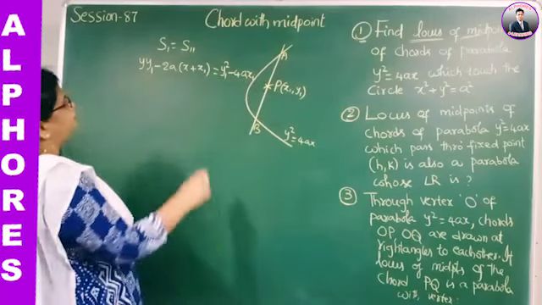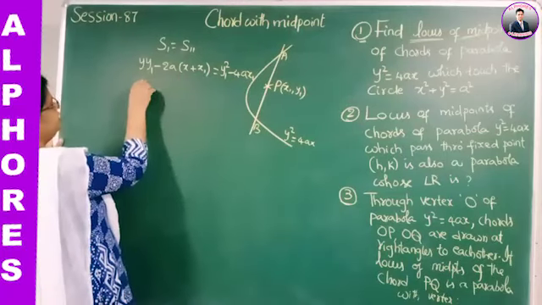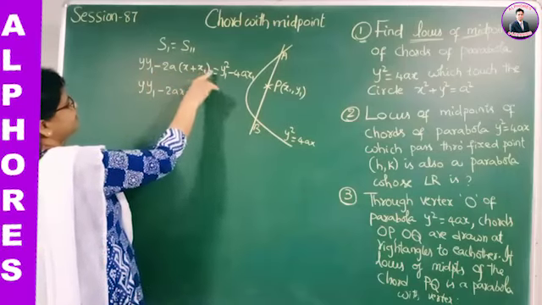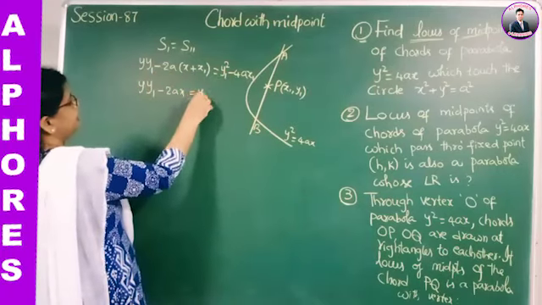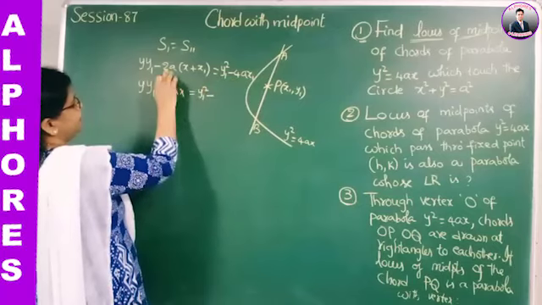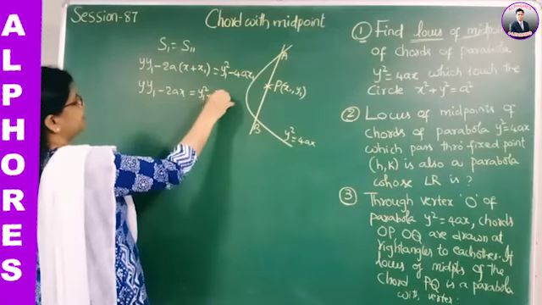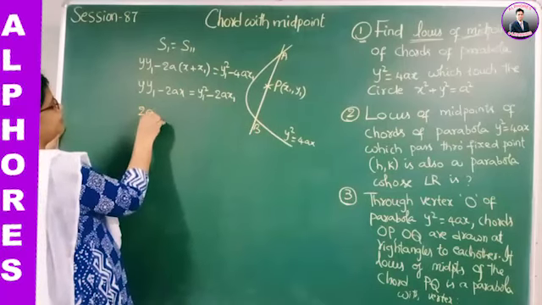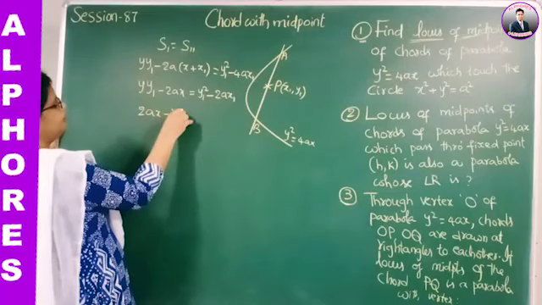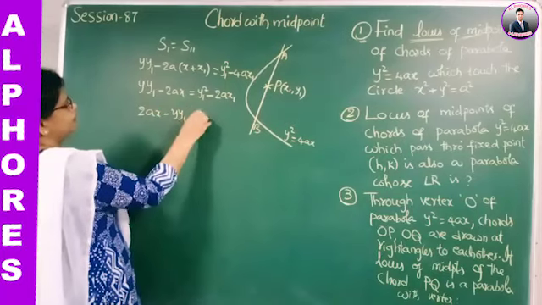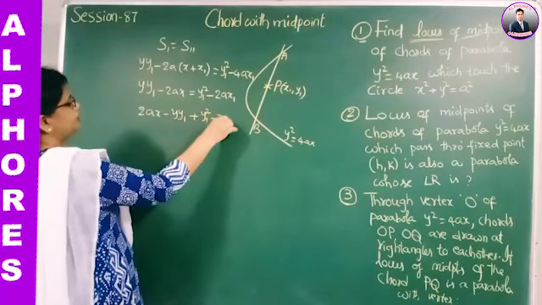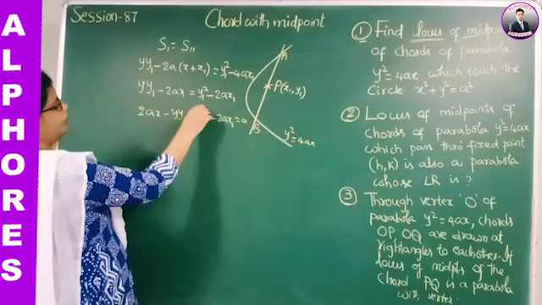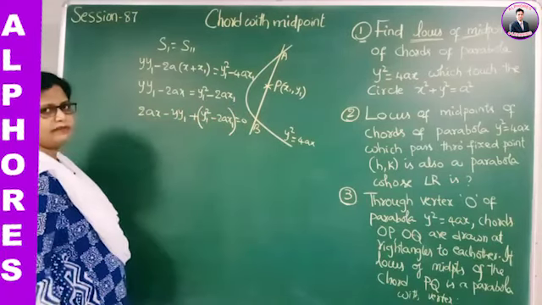Moving terms to one side, it is y1 square minus 2ax1. So finally the equation is 2ax minus y1 y plus y1 square minus 2ax1 is equal to 0. This is the equation of the chord with middle point x1 y1.